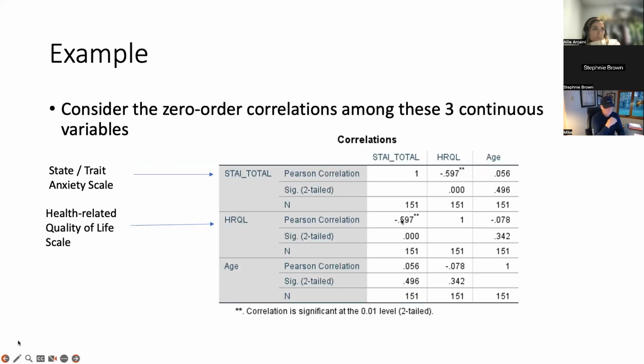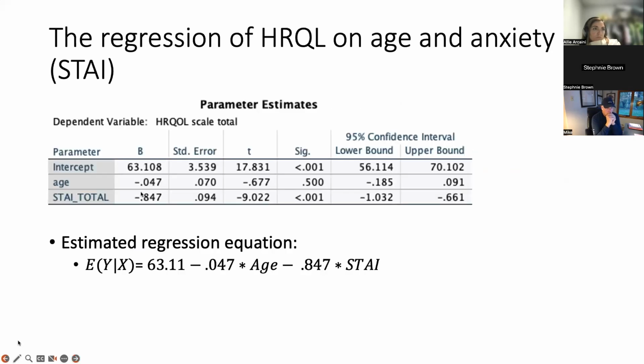The difference, remember, between a correlation coefficient and a regression coefficient is that a regression coefficient is on the scale of measurement that we're on, right? So we can interpret this as: someone goes up 1 unit on the anxiety scale, we'd expect their health-related quality of life to go down by 0.847 units.